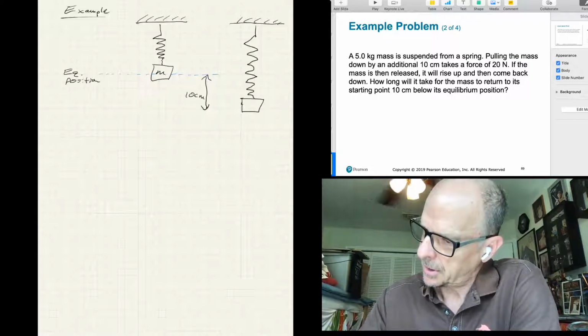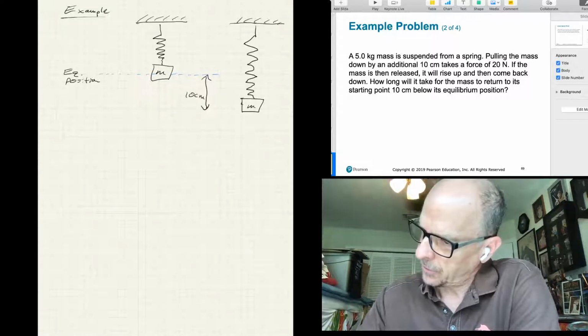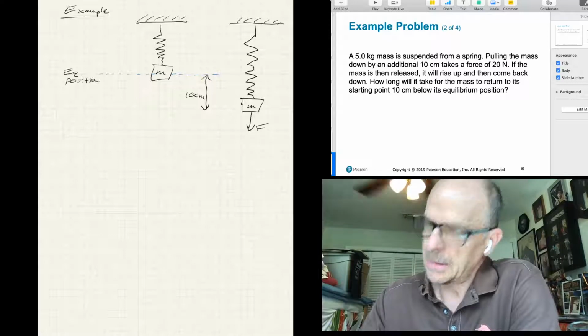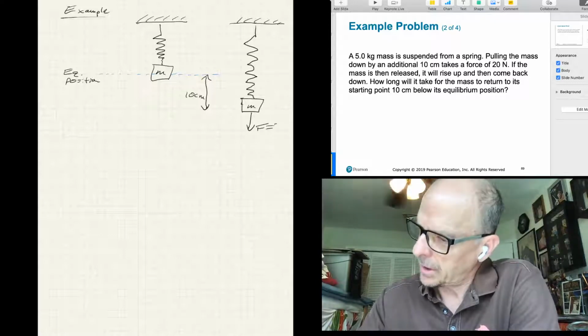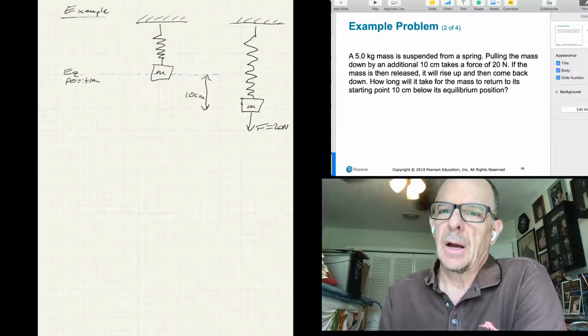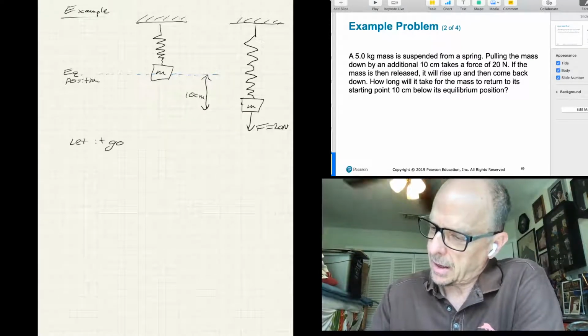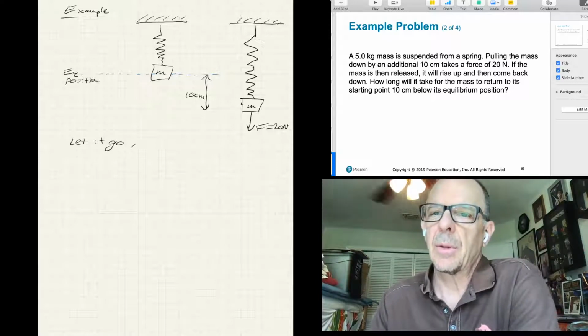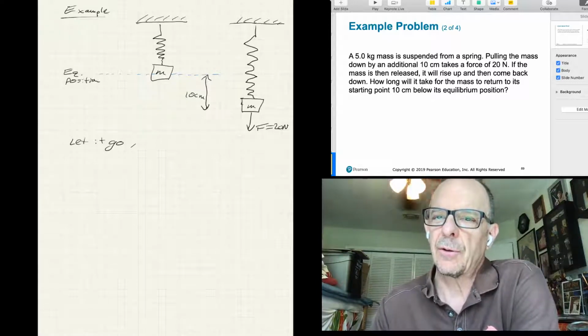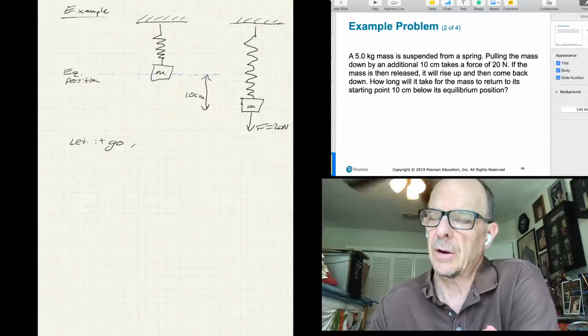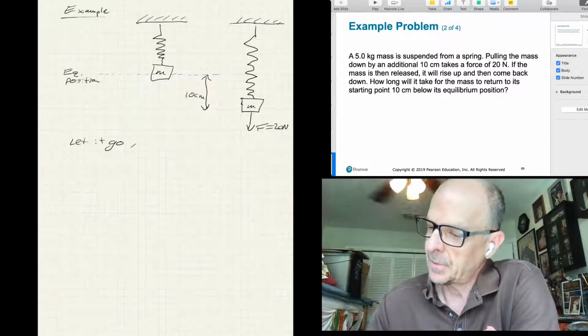And that took a force acting down on it of 20 newtons. And then let it go, as they say in the song. And the question is, how long before the mass returns to its starting point 10 centimeters below its equilibrium position?